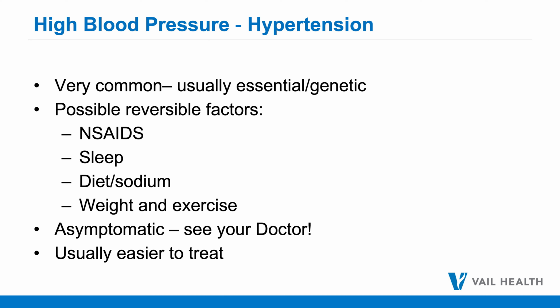Every once in a while, totally fine. If you're using pretty substantial doses on a daily basis, we certainly see them every once in a while cause high blood pressure, along with some other things. So something to be aware of. I would say maybe once or twice a year, we find a patient whose high blood pressure goes away when they stop taking 600 milligrams of Advil 3 times a day.